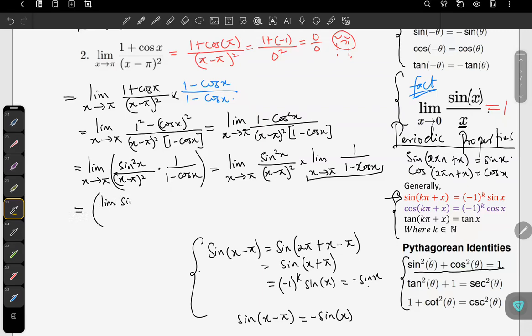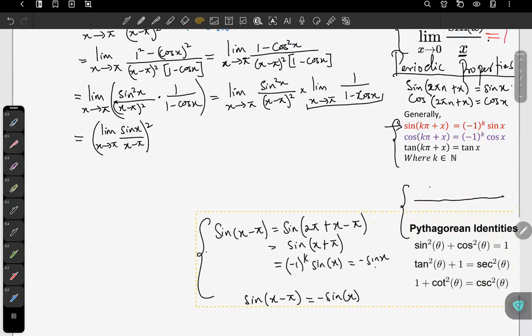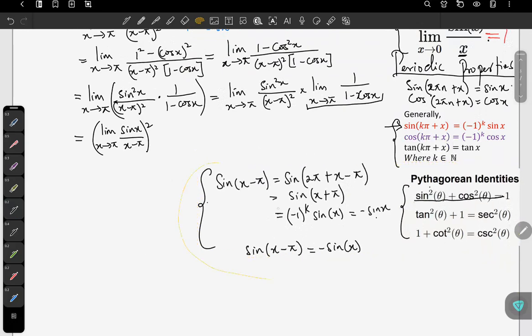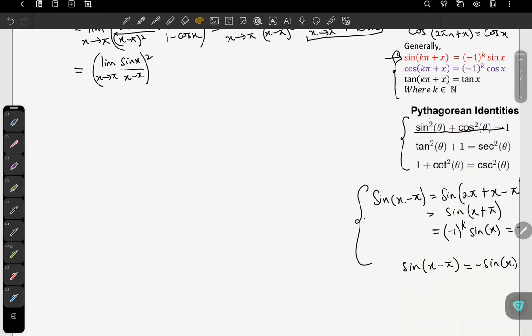So here, using the fact that the limit passes over the power, we can say this is equal to the limit of sine x as x approaches pi over x minus pi, all squared. So what we have done is used the fact that the limit of f of x raised to power n as x approaches a is the same thing as the limit of f of x as x approaches a, raised to power n.